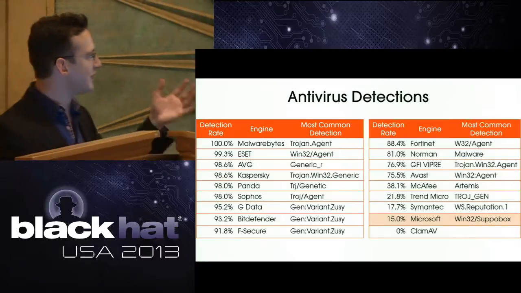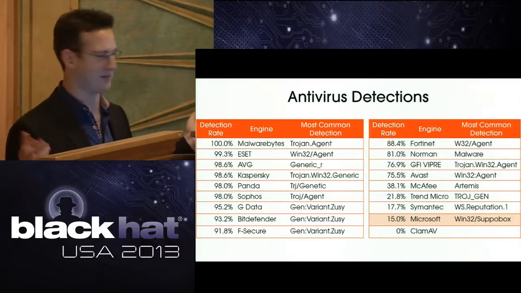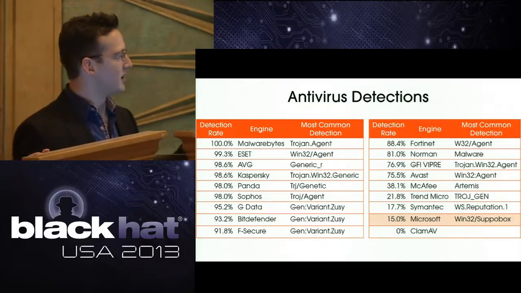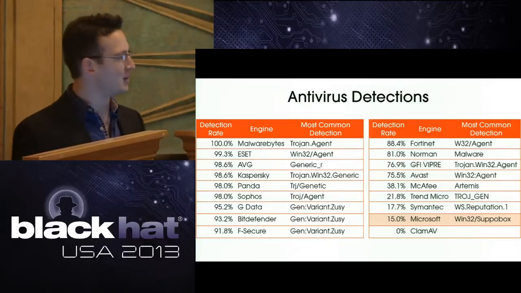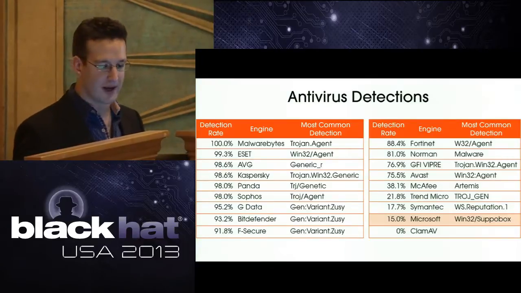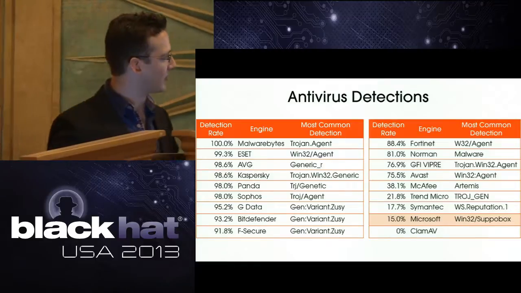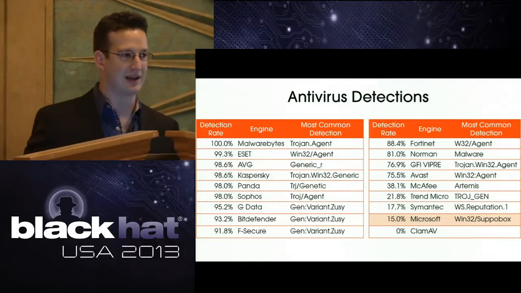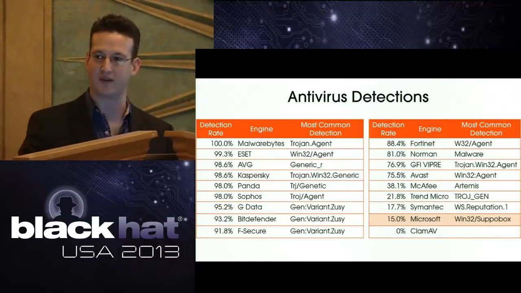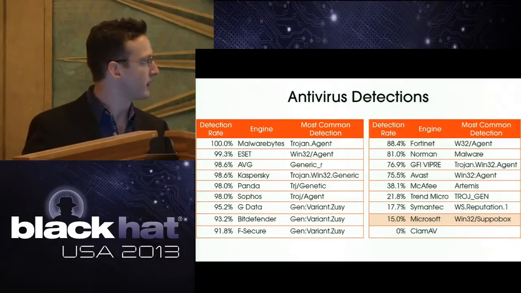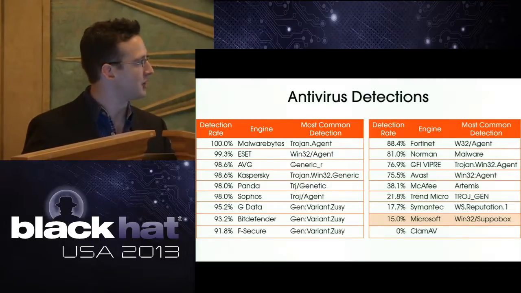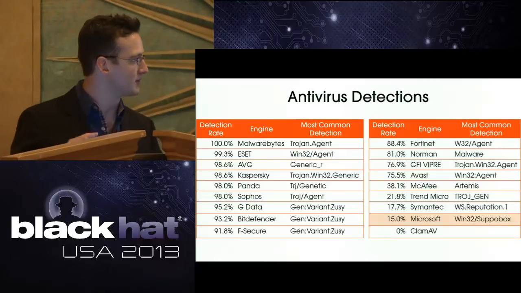We see agent, we see generic, we see genetic from Panda. It's an interesting name. I tried to find information on Zusi, but I couldn't find information on it on GData, Bitdefender, or F-Secure's website. So I'm going to guess that it's generic, or at least not important enough for them to write up anything about it. Artemis is a generic detection name from McAfee, as is Reputation from Symantec.